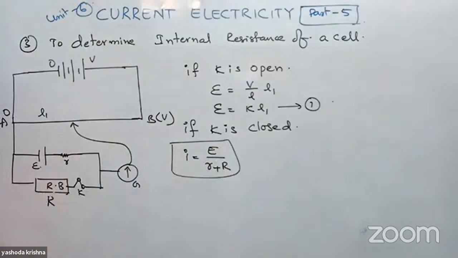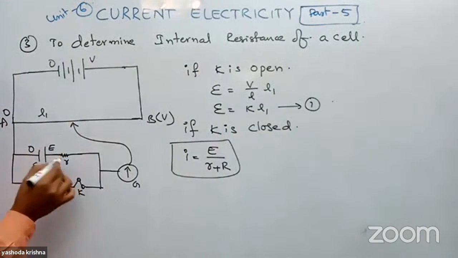What is the potential drop here? Here it is 0, here E is there, and here the internal resistance r is there.